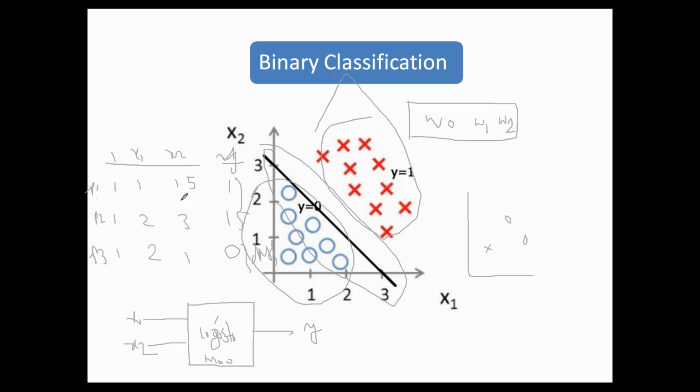The first 2 points are circles, and the third point is a cross. These two belong to class 1, that is, I should get y is equal to 1, and for this cross I should get y is equal to 0.